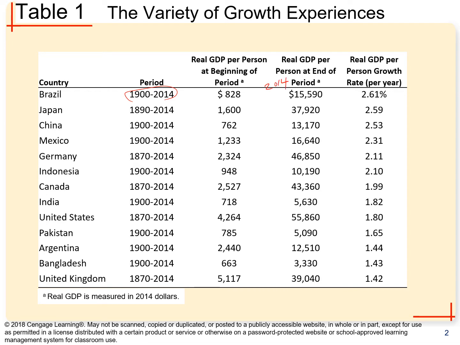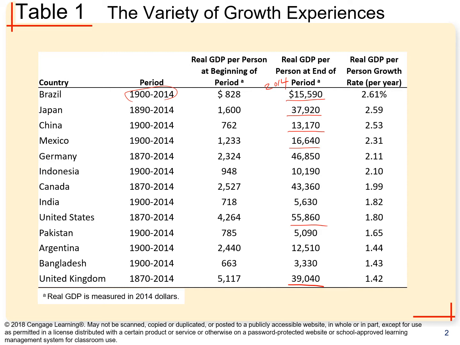Brazil shows about $15,000 per person, Japan $37,000, China $13,000, Mexico $16,000. Major economies like Germany, Canada, and the United States show about $55,000 in real GDP. The UK shows about $39,000.